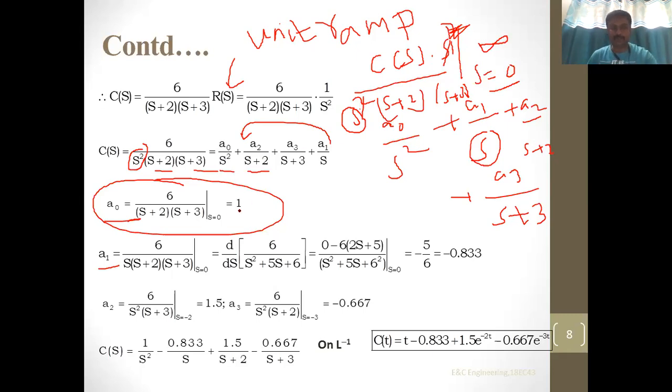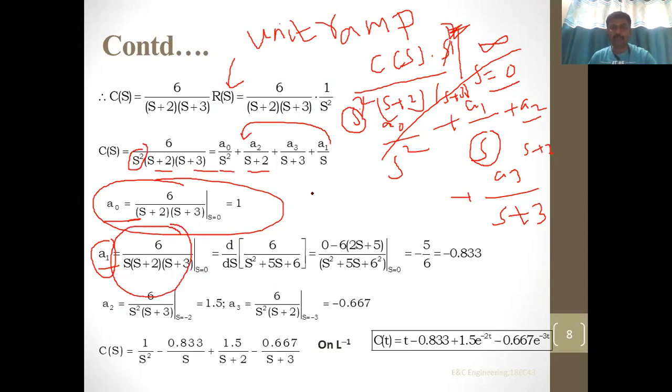Thereby, for finding A1, I need not apply the same method, but I need to go for the first order derivative. When a square term comes, you need to be careful. Now this is 6 divided by s into s plus 2 into s plus 3 at s is equal to 0, but I need to have the first order derivative of this.